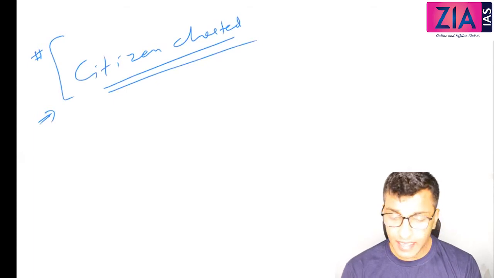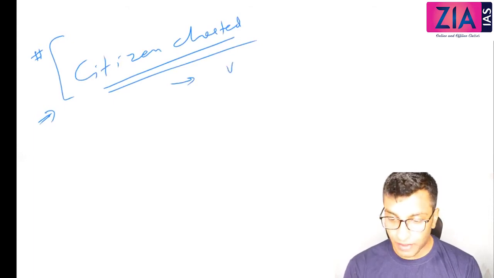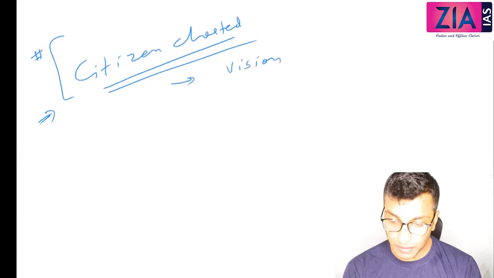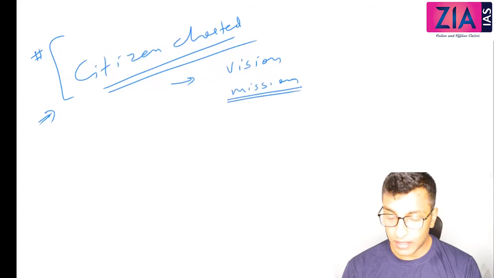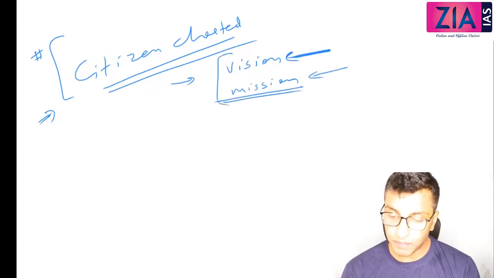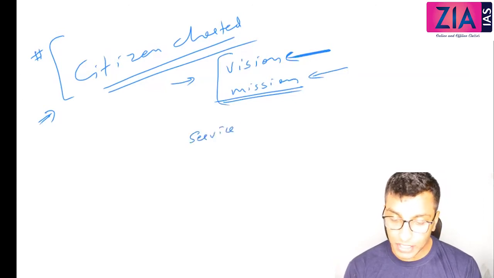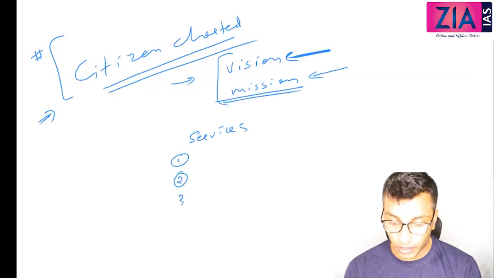It is basically listing down the services which are provided by the organization. So there will be three components in this. You will have to list down the vision, mission of the organization. The long-term vision, mission has to be there. And then the services provided. It has to be listed down, like what are the services provided, 1, 2, 3, 4, like that.